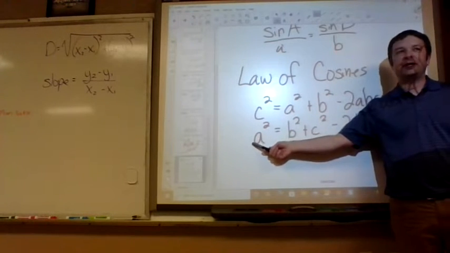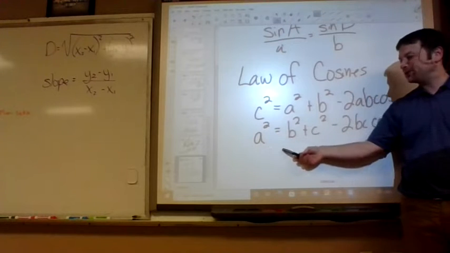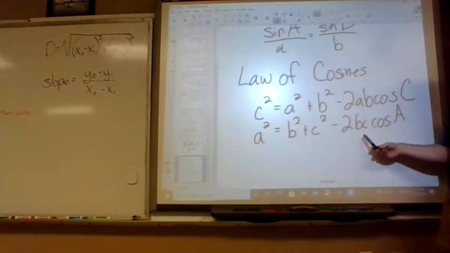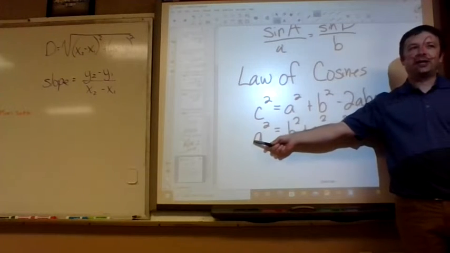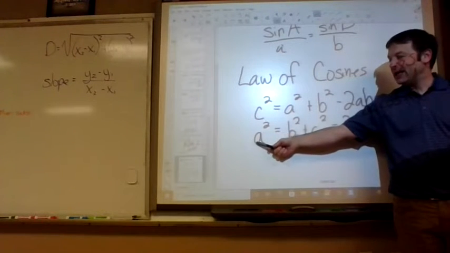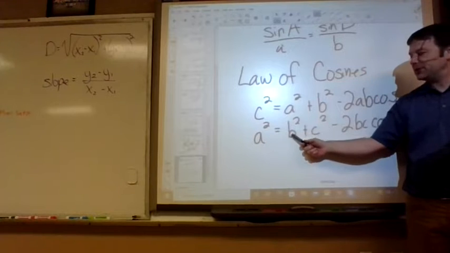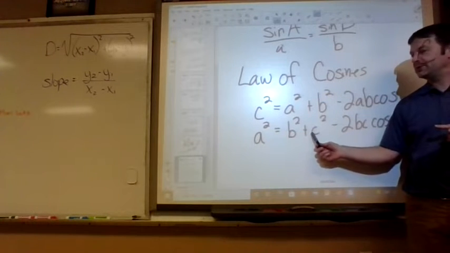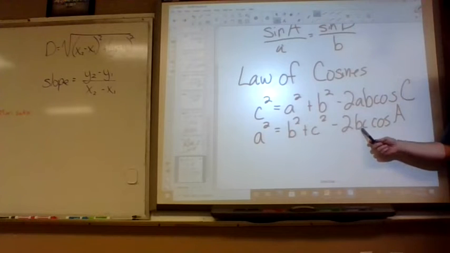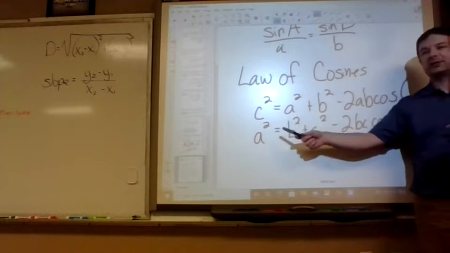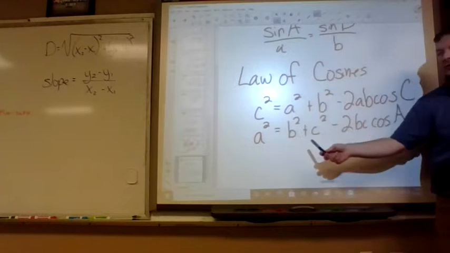Or you could have b squared equals a squared plus c squared minus 2ac cosine of B. Whatever is squared here, use the other two sides on the right. They repeat there, and then this angle matches the side opposite it.